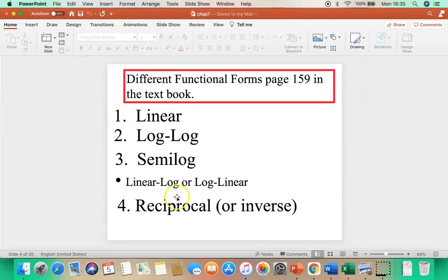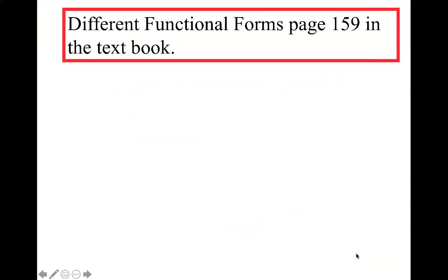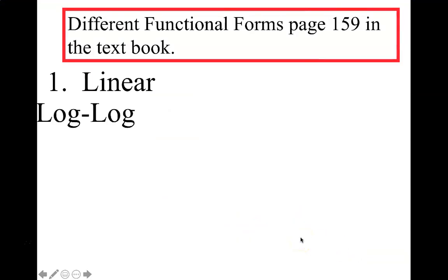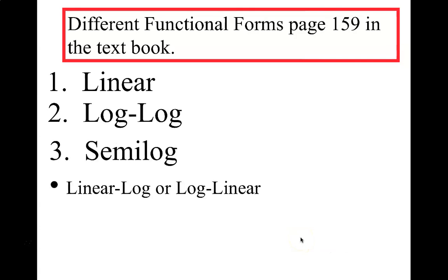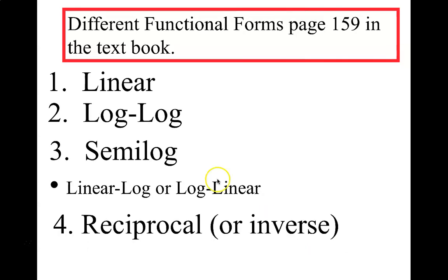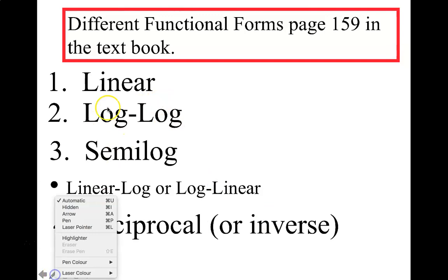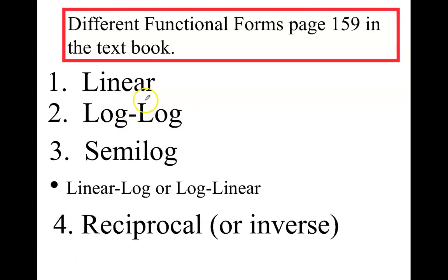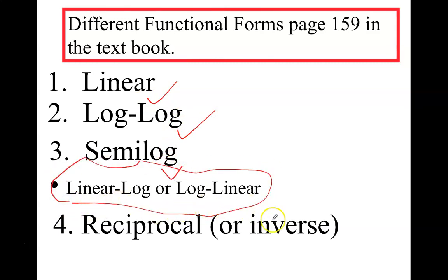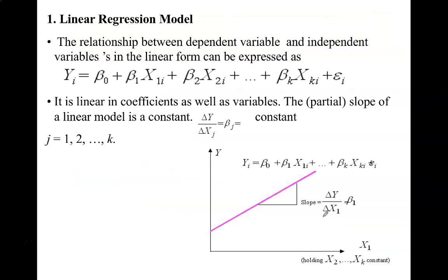Based on what we have discussed, there will be 5 different models. One is the linear model, again repeated, then the double log model, the semi-log which requires 2 different settings, one linear log, one log linear, and the inverse reciprocal.